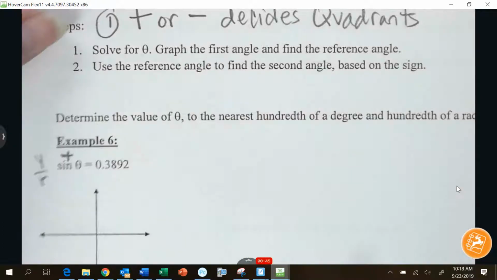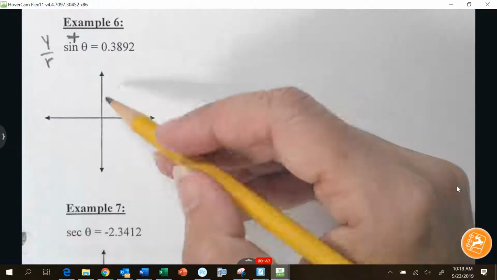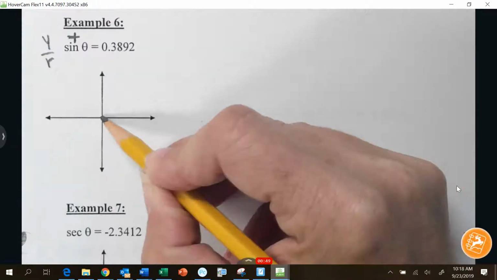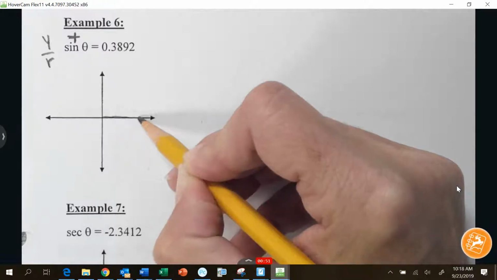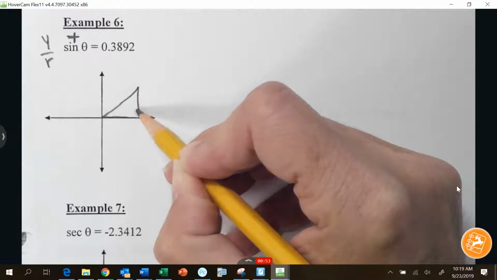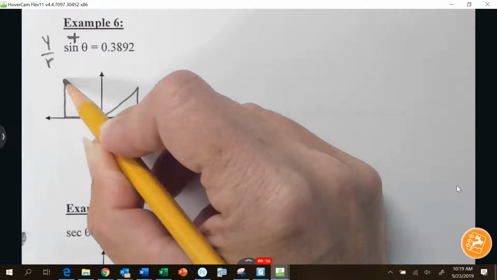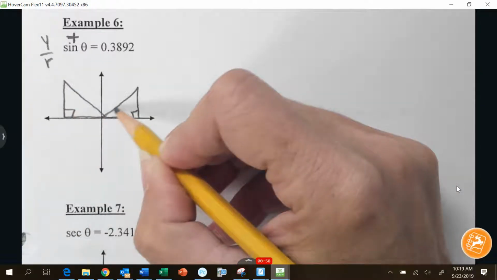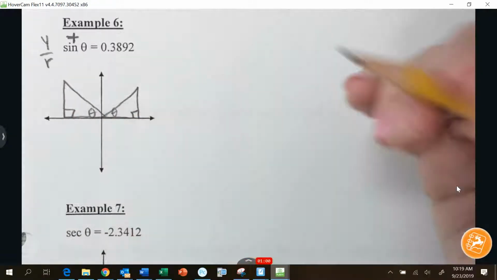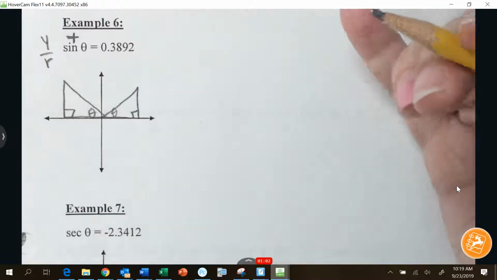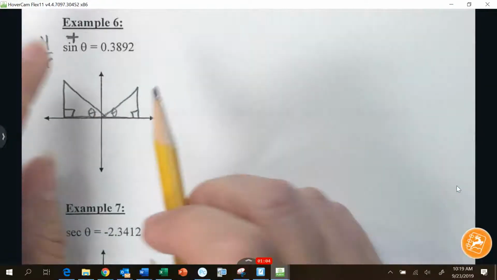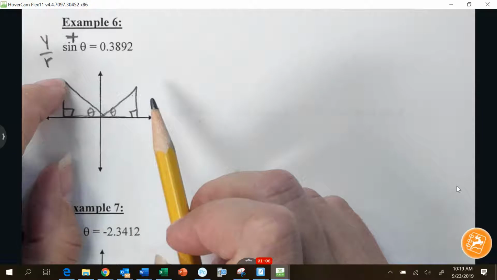Sine is y, so it will be positive if I go up in x, or if I go negative x up. And these two quadrants are where sine is positive. So I know that my answers are going to be in quadrant 1 and quadrant 2.